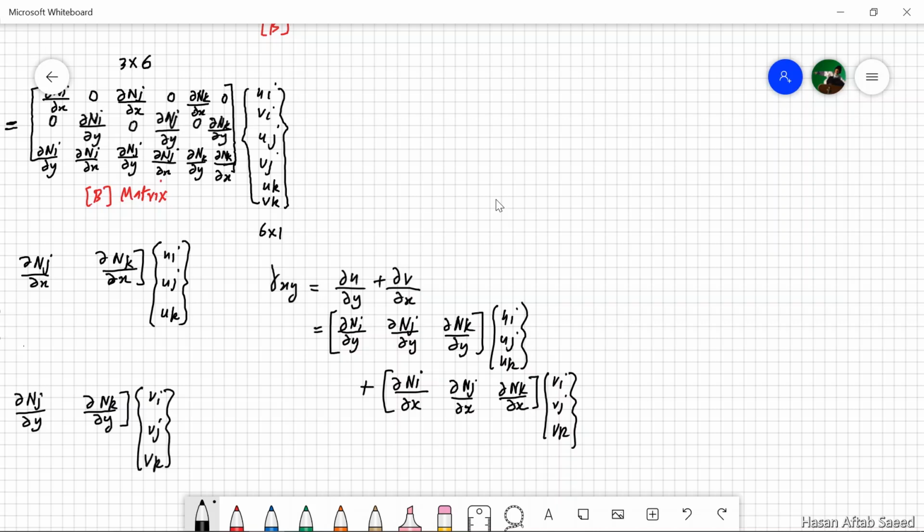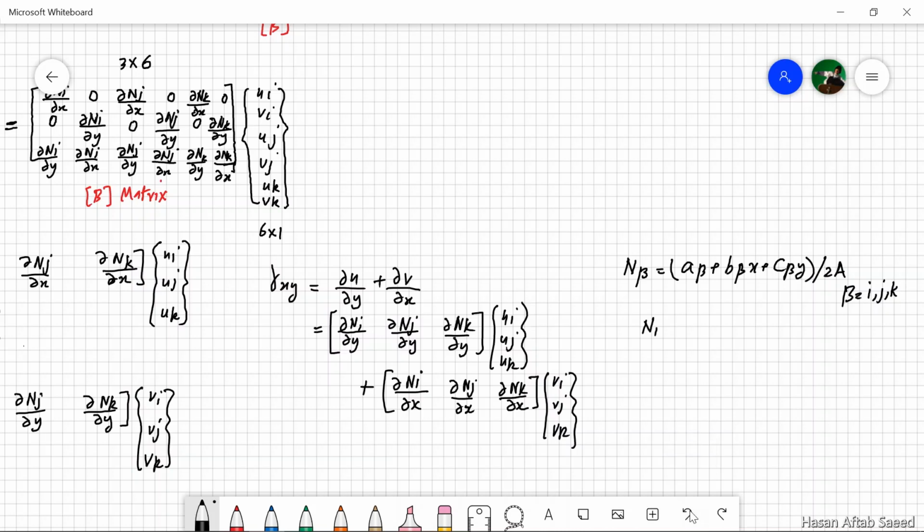So recall that the shape functions could be summarized as n beta is a beta plus b beta x plus c beta y over 2a, and this beta takes the form i, j and k.